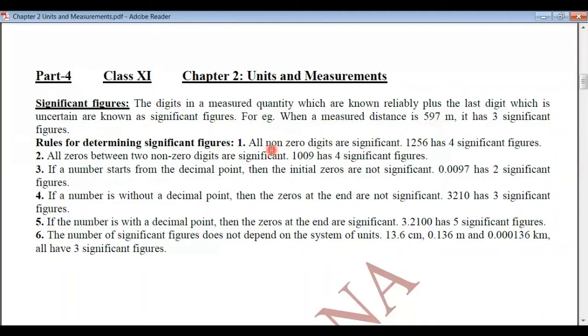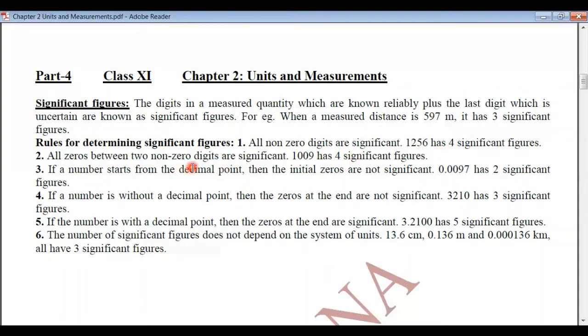Now there are some rules for determining significant figures. The first one is all non-zero digits are significant. That is, the digits from 1 to 9 are considered to be significant. For example, in this measured value 1256, there are 4 digits, so it has 4 significant figures.